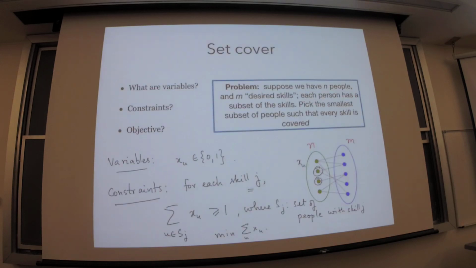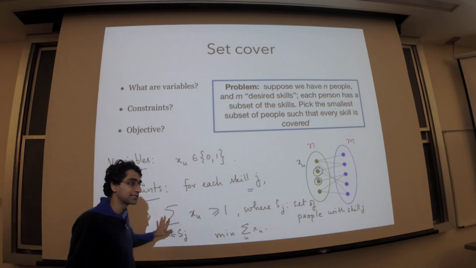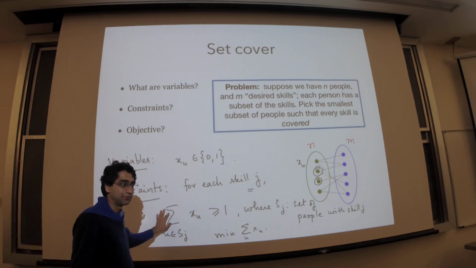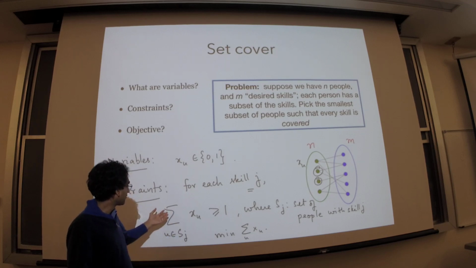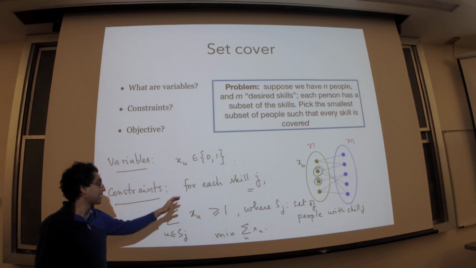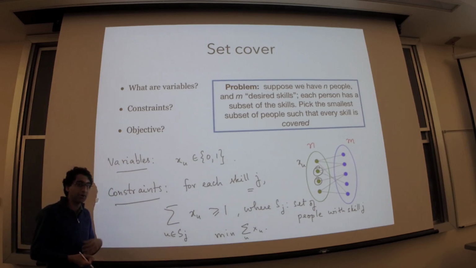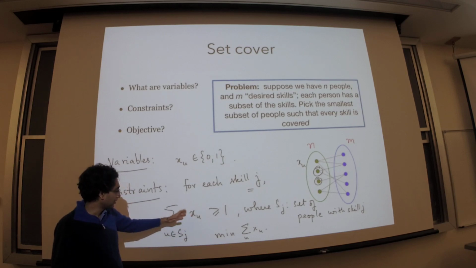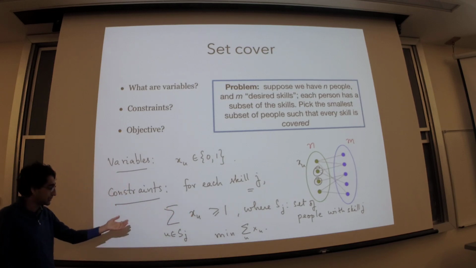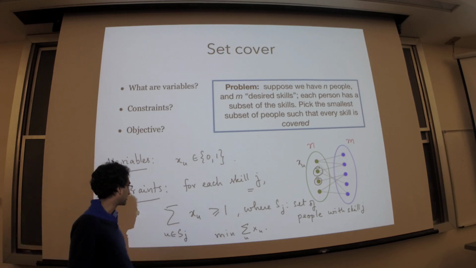Yeah, so what he's saying is that earlier there were just 2 of these involved in each constraint, right? So the argument was that one of them had to be at least a half, so that was getting rounded up to 1. But now this summation has a lot of terms.